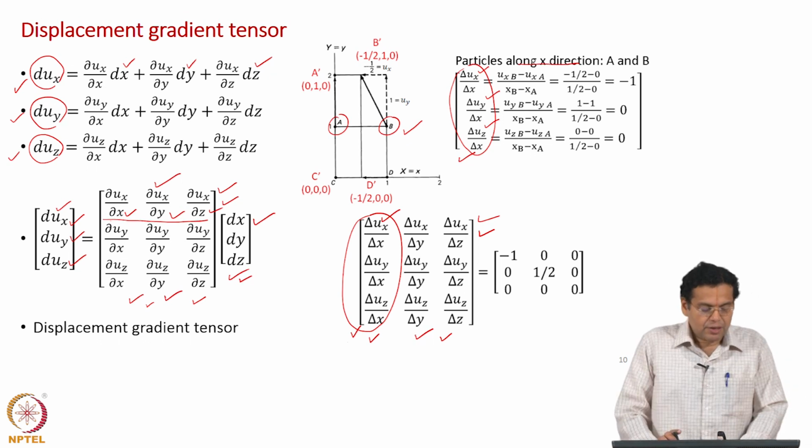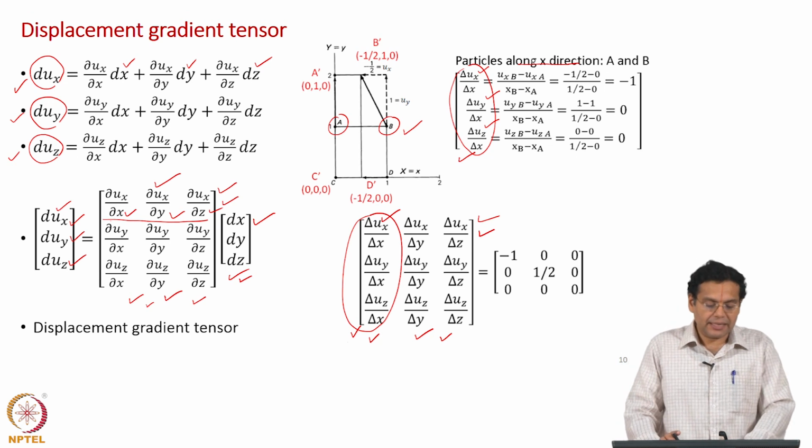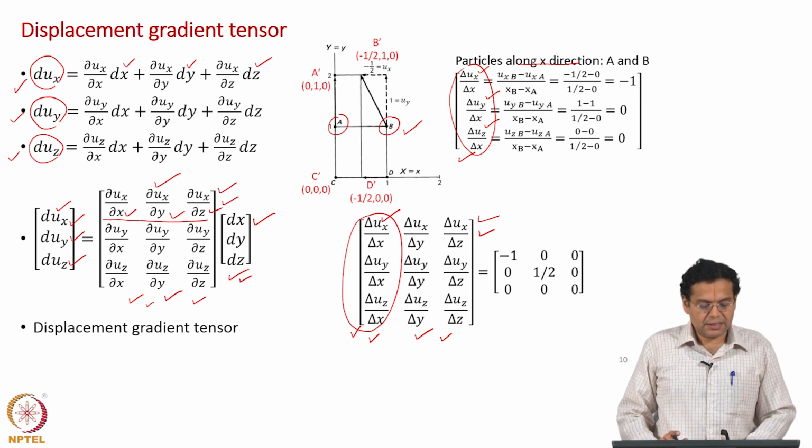Okay. What we have done now is derived a relationship between the total difference in displacement or differential in displacement. We almost use these words synonymously throughout the lecture. Okay. Differential and difference.